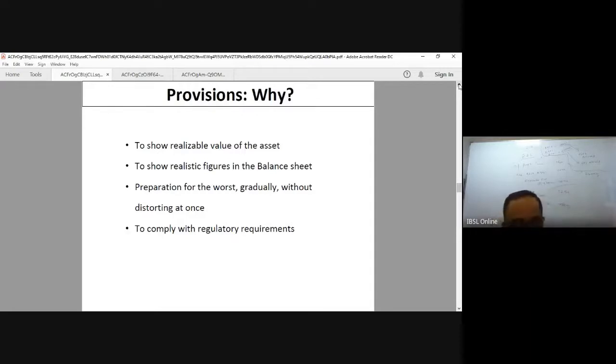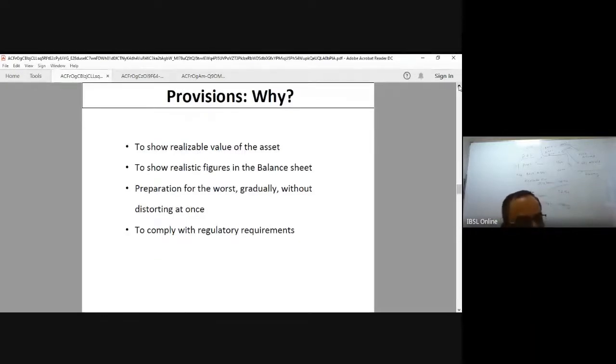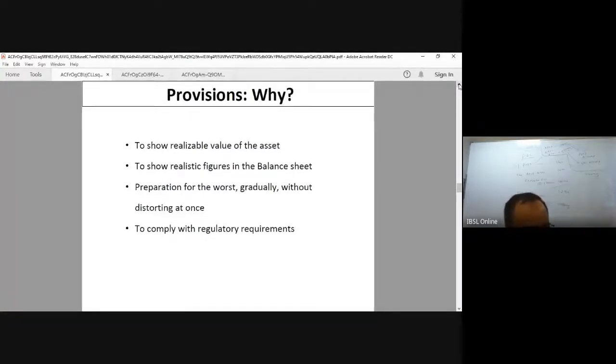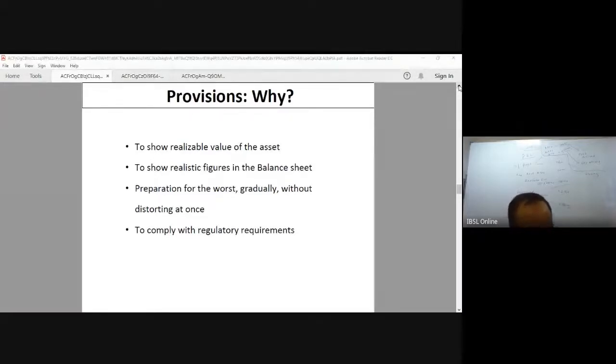Coming through every stage, SMA, whether it is irregular, whether it has become loss category, every stage we are looking at, and then progressively you are making the provision, so that progressively the balance sheet is adjusted. It shows the correct figure, right?